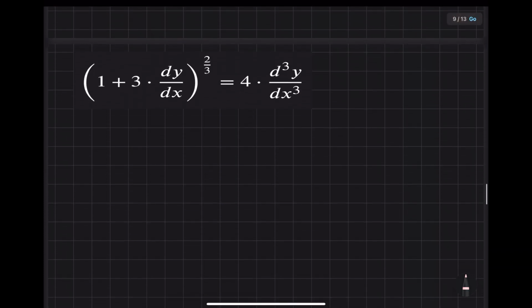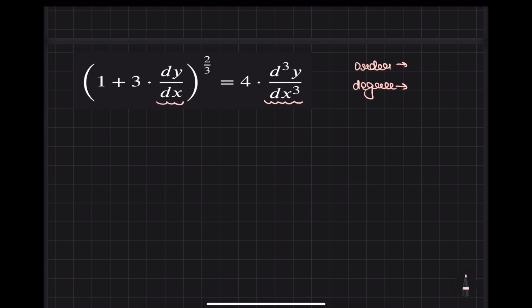Now let's jump on to the next part. So we have this situation. Again we have to answer order and degree. For order, it's easy to define.